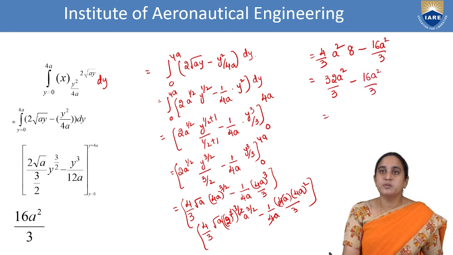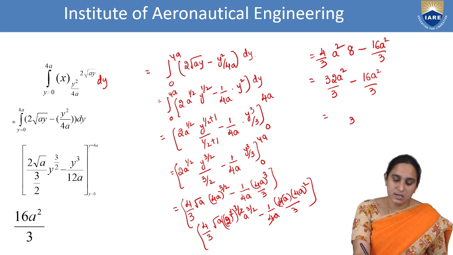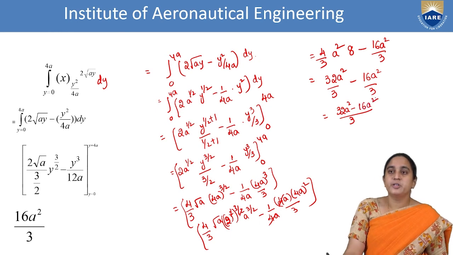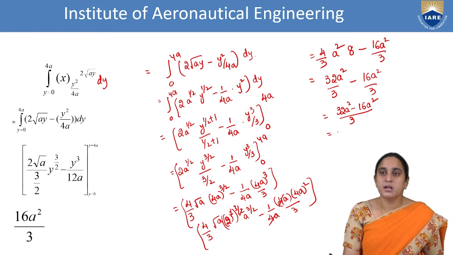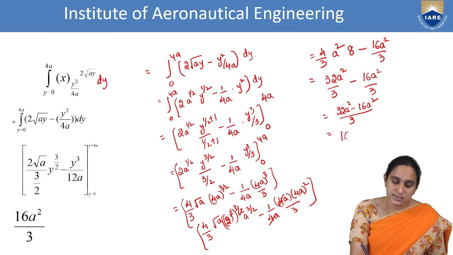From that, 4 eights are 32a square by 3 minus 16a square by 3. The LCM is 3, so it is 32a square minus 16a square. Just subtracting, we got the answer as 16a square by 3.